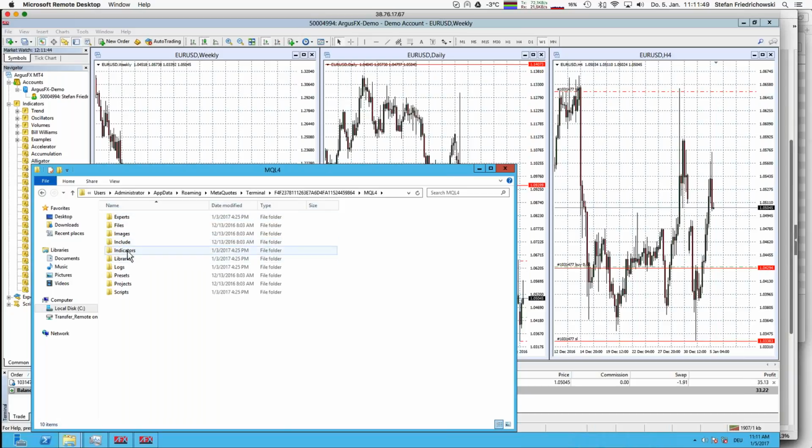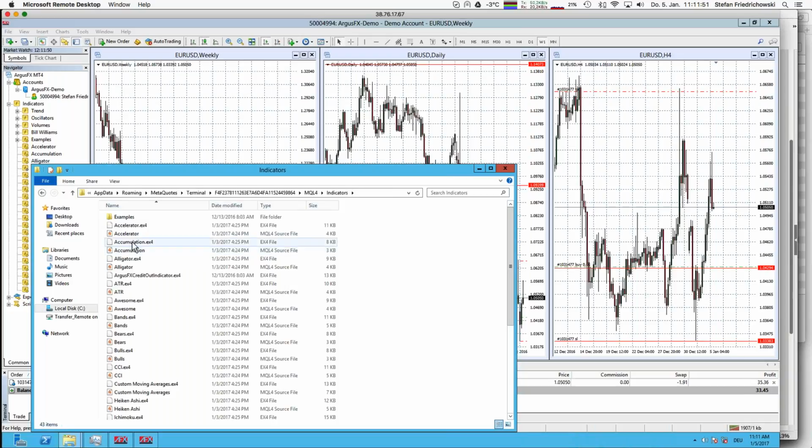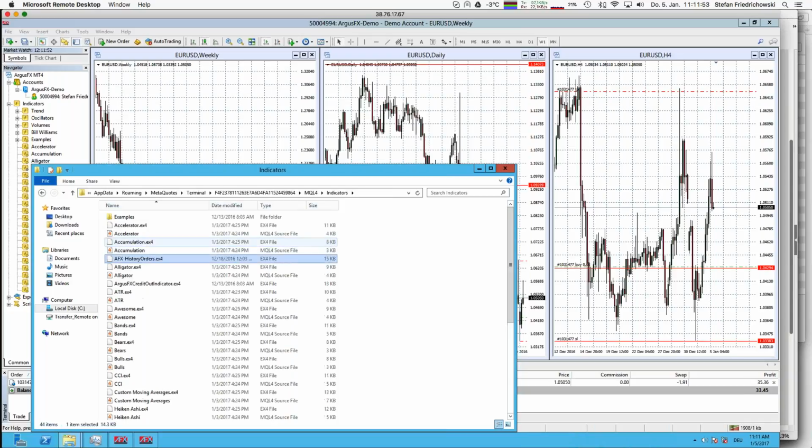We go to the folder Indicators, and now we paste the file here, and you see now I have this file within the list of indicators.